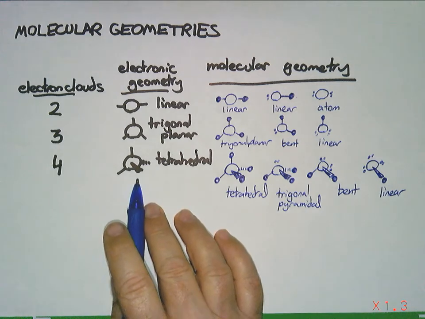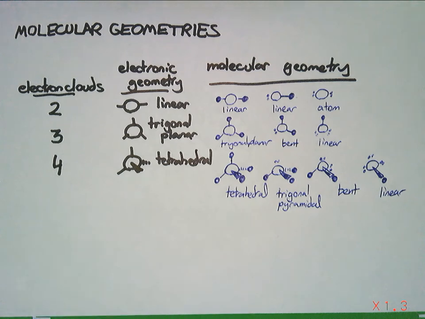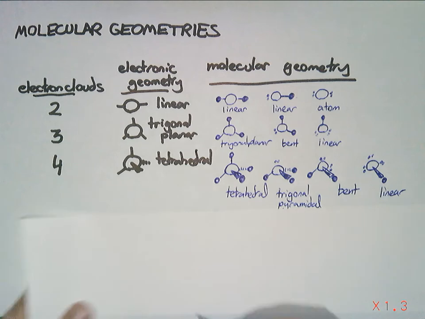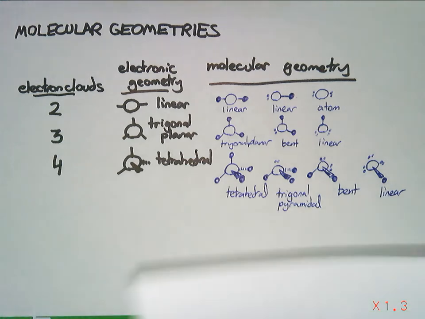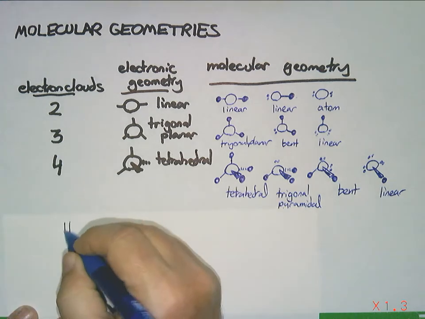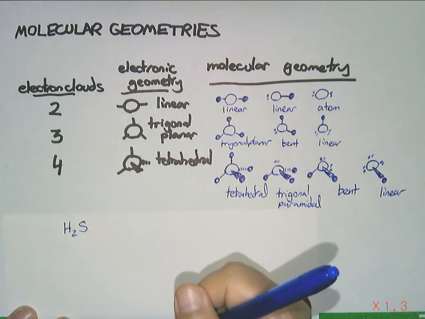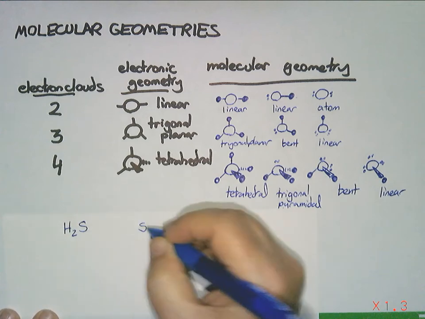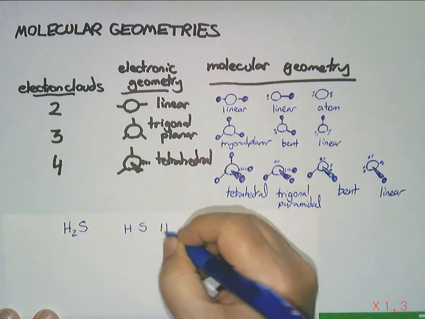So let's do a couple of examples here where we see how to write the electronic geometry and the molecular geometry. Suppose I have H2S. I'm going to put the S in the center and the H on the outside.